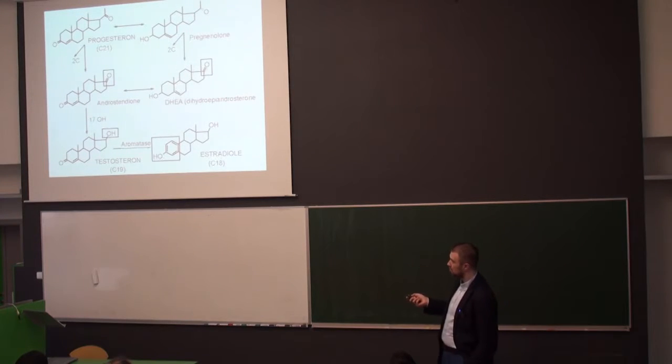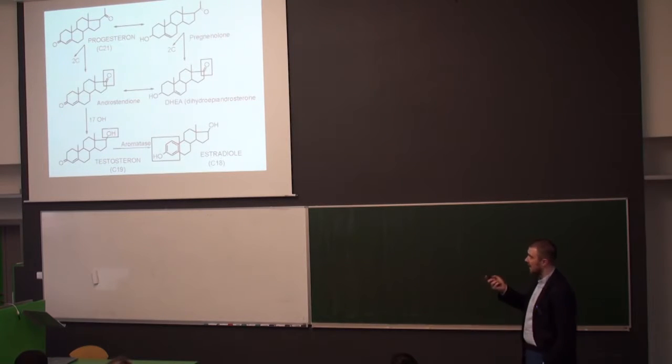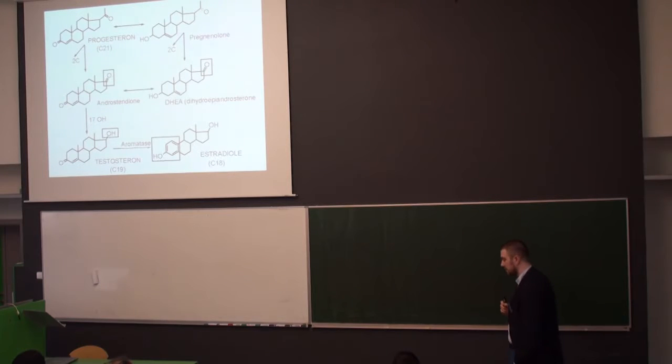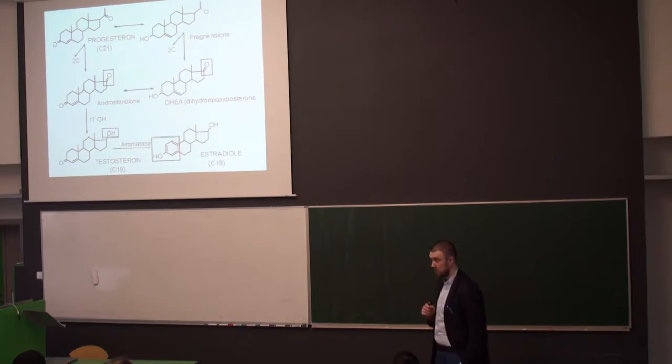So that's testosterone, a 2-step synthesis. The first is minus 2 carbon atoms by 17,20 lyase, and then a reduction of the keto group to hydroxy group, giving 19 carbon atoms.